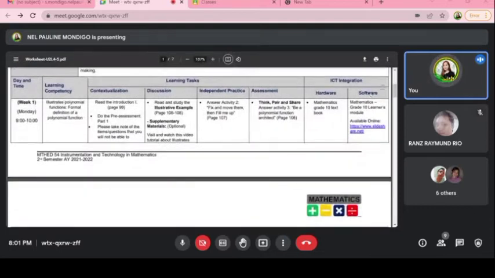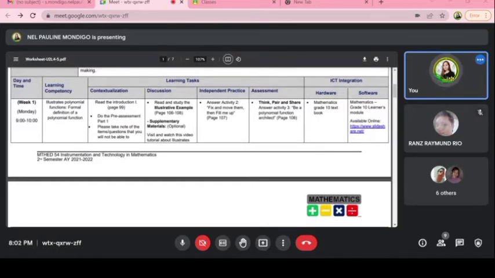For the discussion, read and study the illustrative example in page 106 to 108. We also present supplementary materials: for further understanding, they can visit and watch these video tutorials about illustrating polynomial functions.